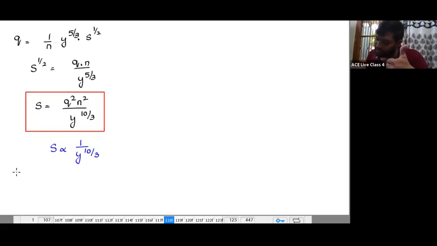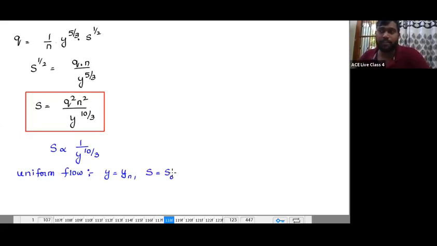Now, if it is a uniform flow, y is equal to yn and S is nothing but the bed slope, S naught, because if I say uniform flow, the depth is going to be constant. So I'm using y as yn and S equal to S naught. And if it is a GVF, y is nothing but the flow depth, whereas S is going to be Sf.